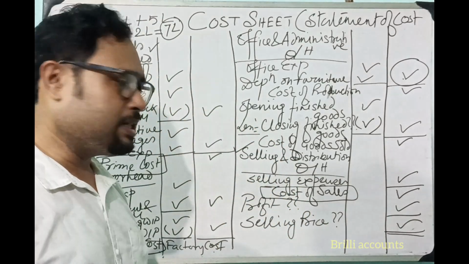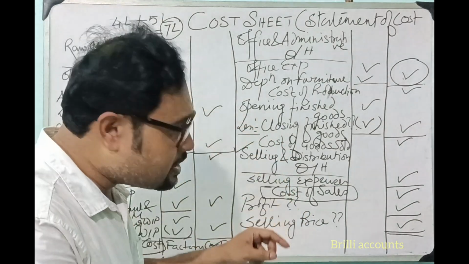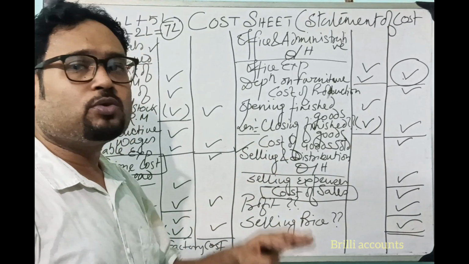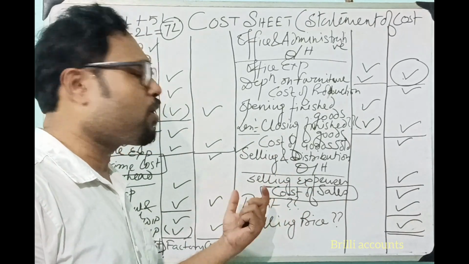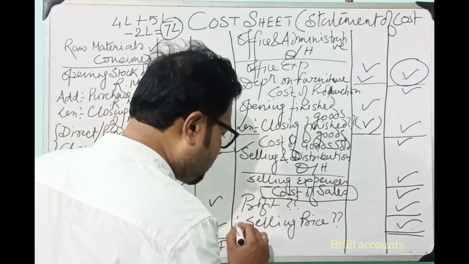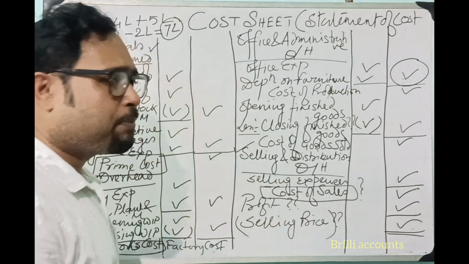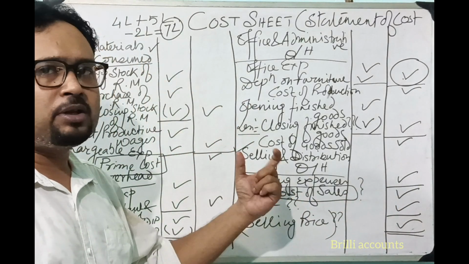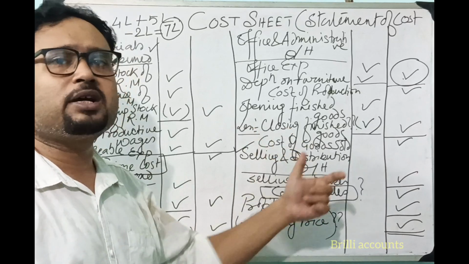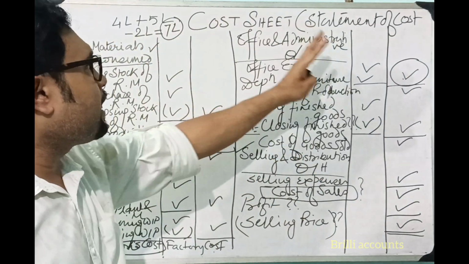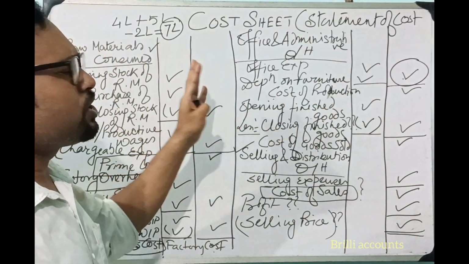After cost of sales, this is the ultimate cost on which we consider the profit. It can be considered upon sale or upon cost, depending upon the question and the consideration of different organizations. So this is the basic pro forma of cost sheet. So many elements are there.